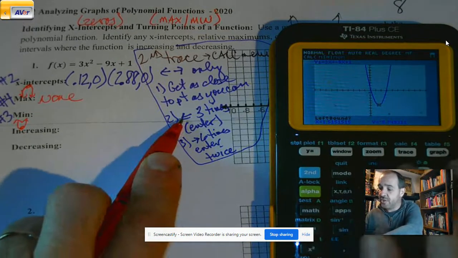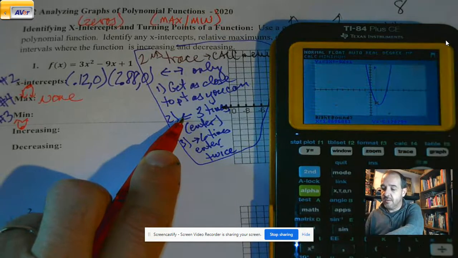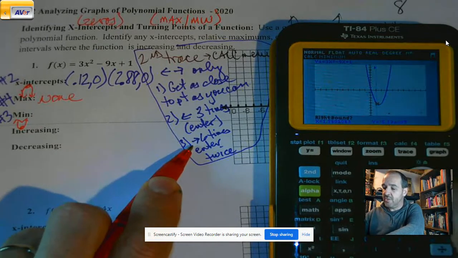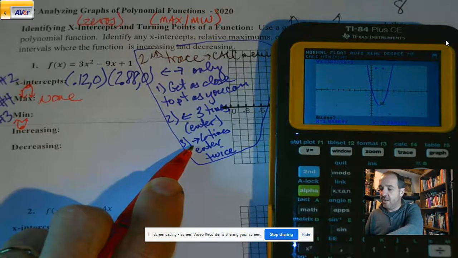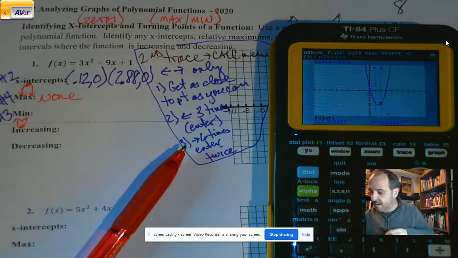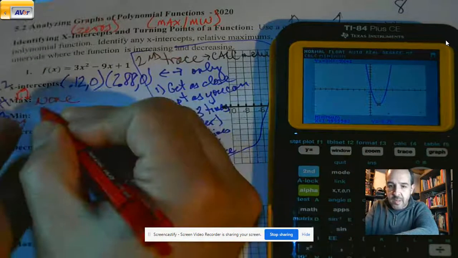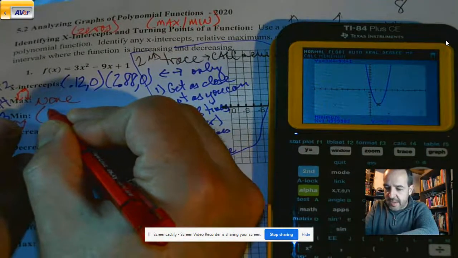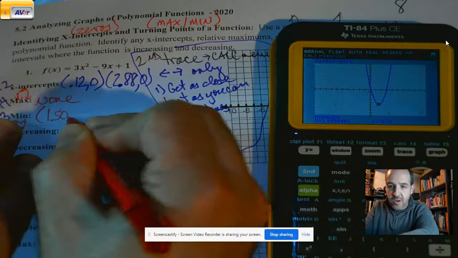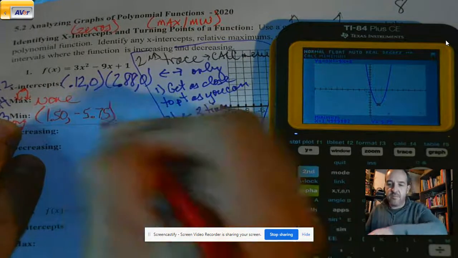The rules don't change. 1, 2, 3, enter, left boundary. 1, 2, 3, 4, 5, 6, enter, right boundary. It's in here, enter. So my minimum is at 1.49999, which would be like 1.50, negative 5.75.